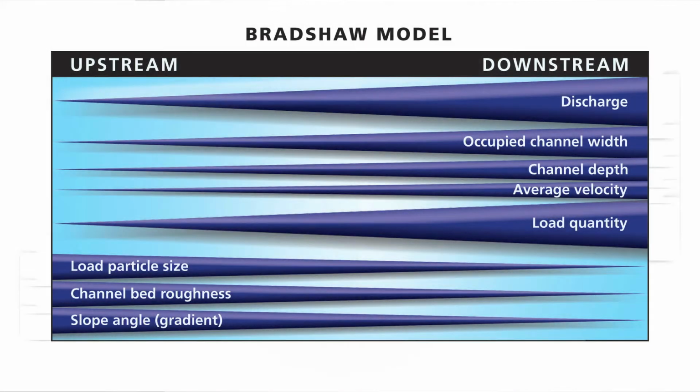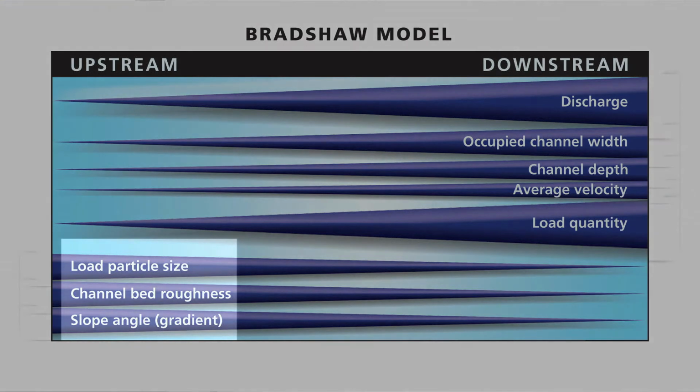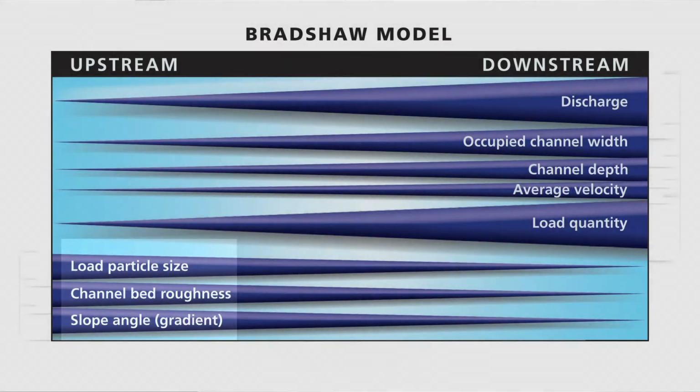3 things down here. Load particle size. Because the river is flowing quickly, it can carry huge boulders, stones, sand, gravel. The channel bed roughness. As you're coming down these V-shaped valleys, it's huge boulders stretched here and there.